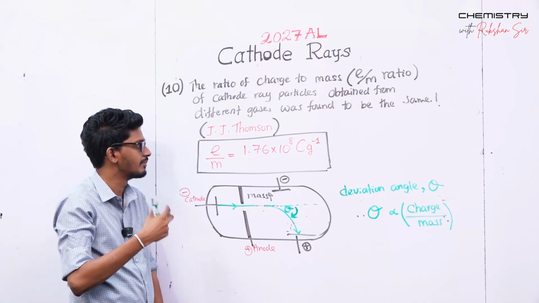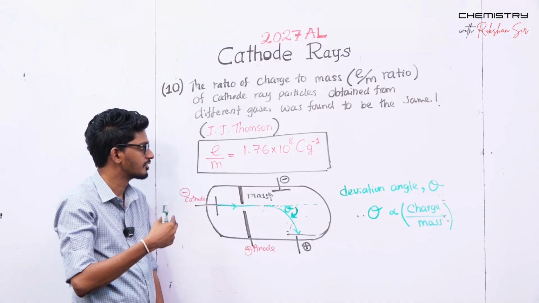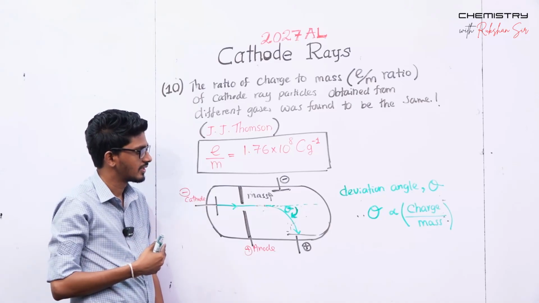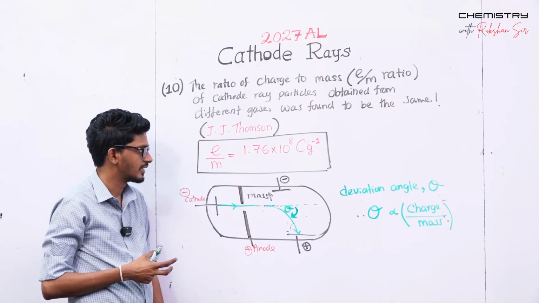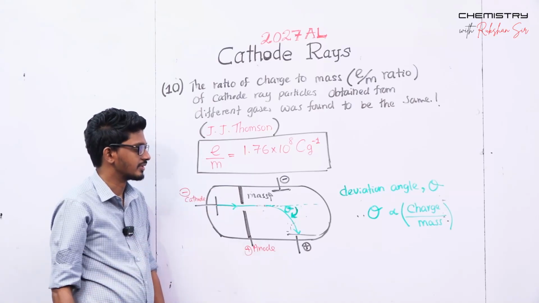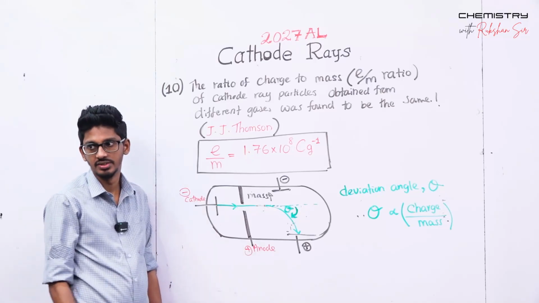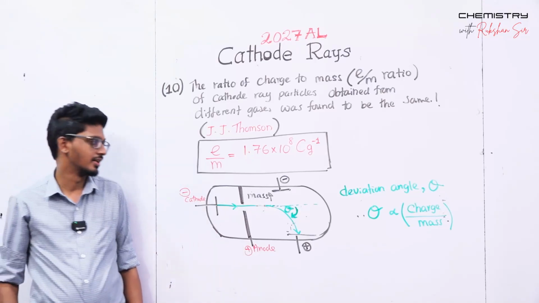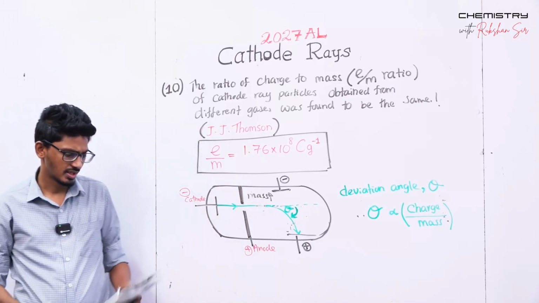Thomson was unable to come up with the mass and the charge of the cathode rays. What he had found was just the e over m ratio. That was done by the calculation of deviation angles. Always you got the same deviation angle.